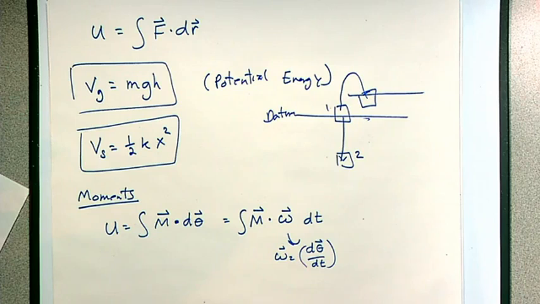But if we're rolling without slip, this force is acting over zero displacement because the point at which it's in contact with the ground isn't translating relative to the ground. So there's no relative motion between the ground and the bottom of our wheel at any given time. So if there's no relative motion, the force is acting over no distance. So my F dotted with dr, there is no dr, right?